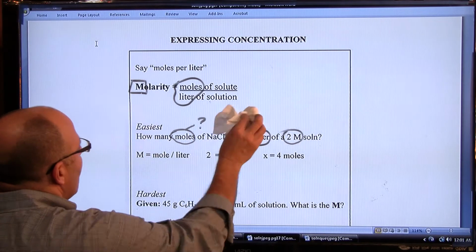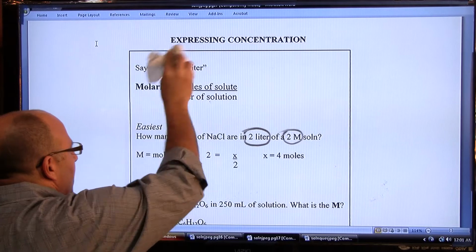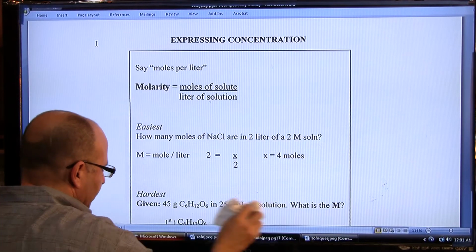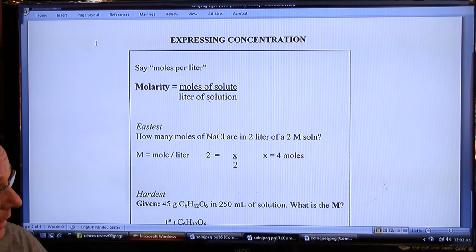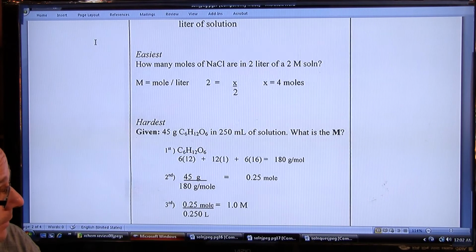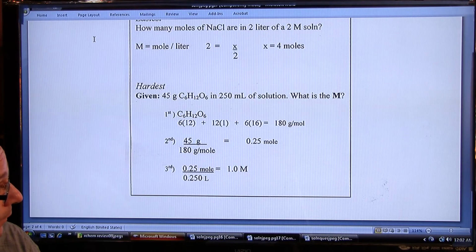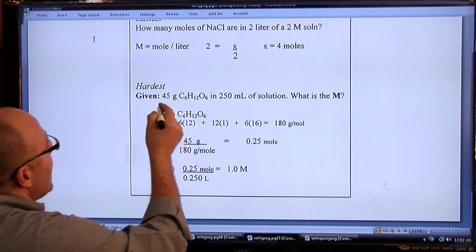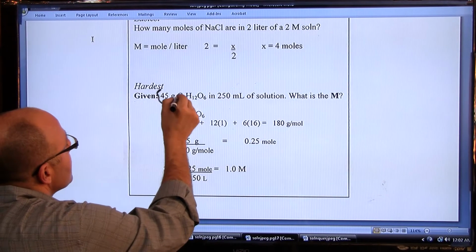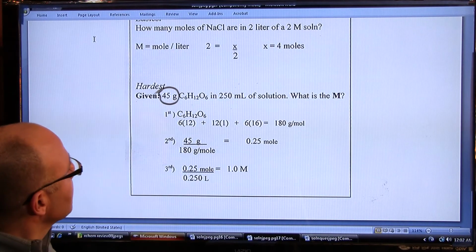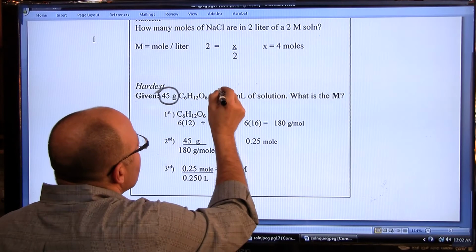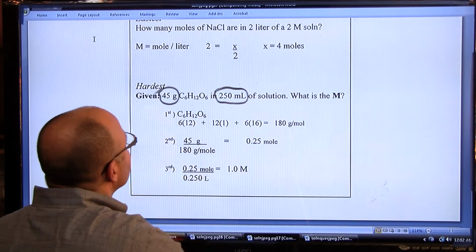And then let's go to the hardest kind of molarity problem, where instead of giving you moles, they give you grams. For example, 45 grams of C6H12O6 in 250 milliliters of solution.